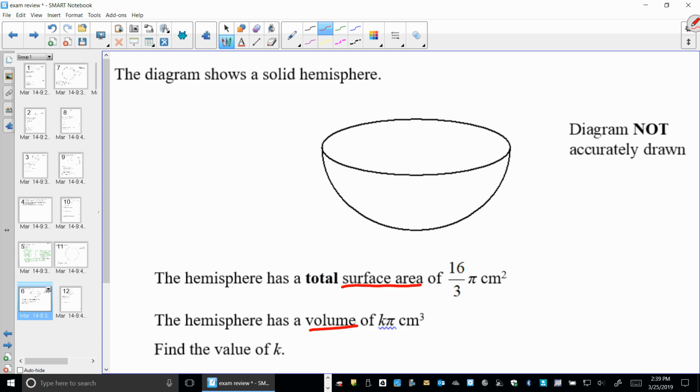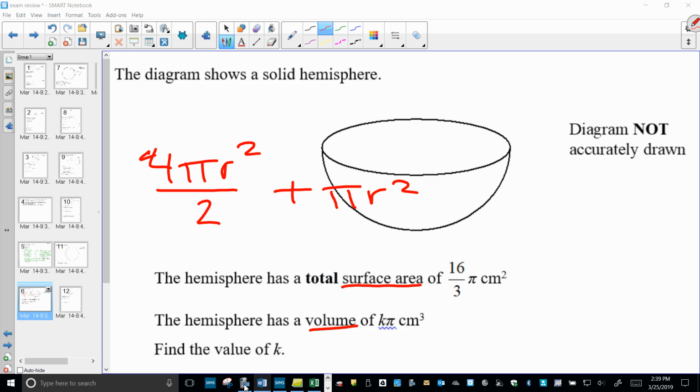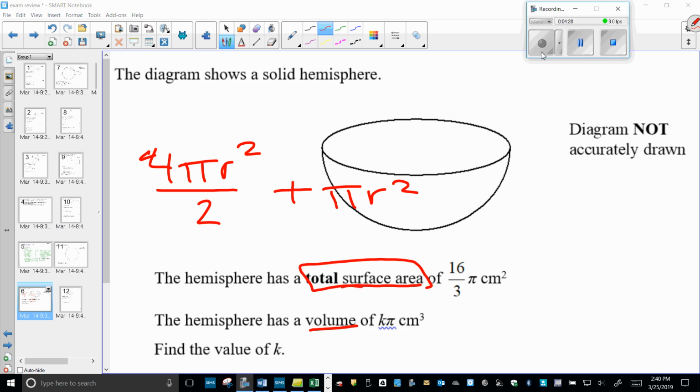So to find the surface area of the sphere, you do 4 pi r squared, divide that by 2 because you can see it's a half sphere, and we also take into account this part, because there's another circle surface area added on to the one of the sphere. So I'm just going to pause it there just so everyone understands that bit. Great. Awesome.